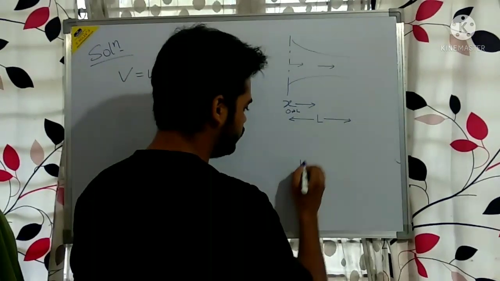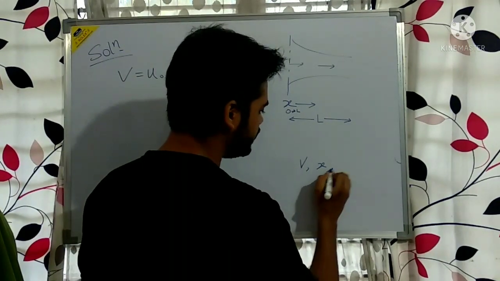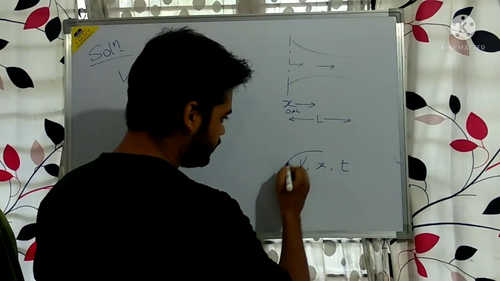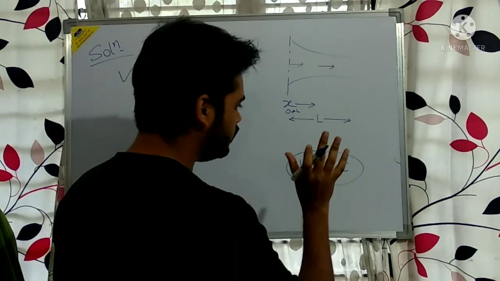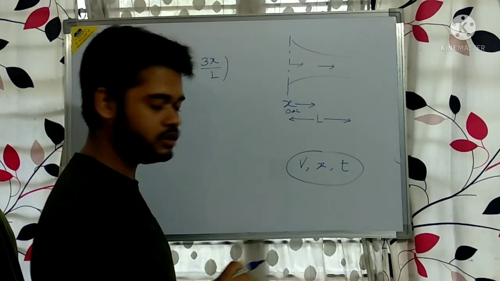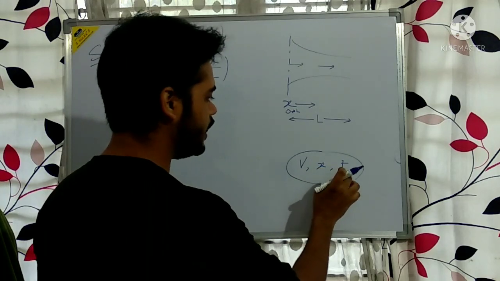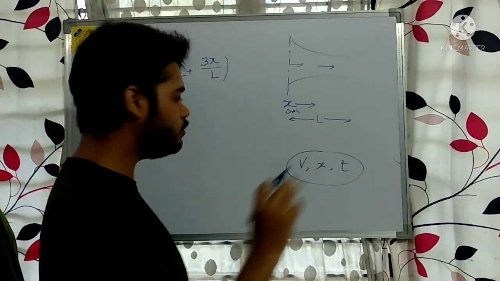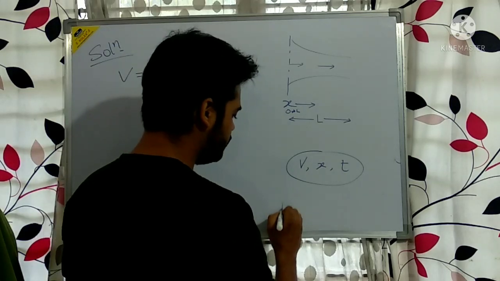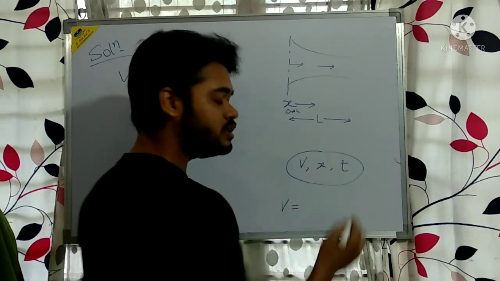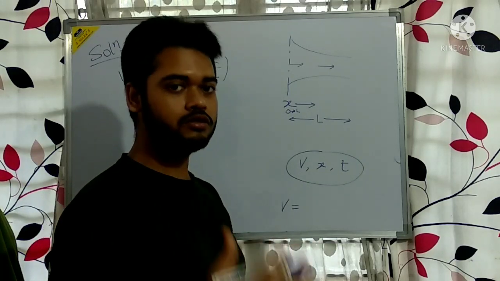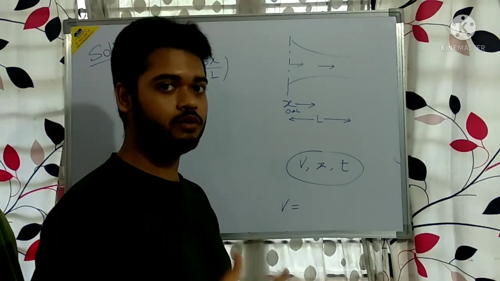That is V, x and t. Can we express one equation using these variables, velocity, displacement and time? If you remember, in engineering mechanics we write velocity as the rate of change of displacement with time.